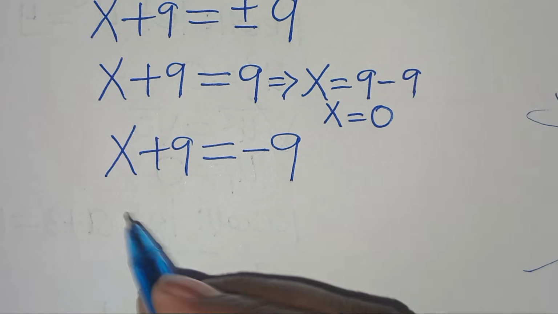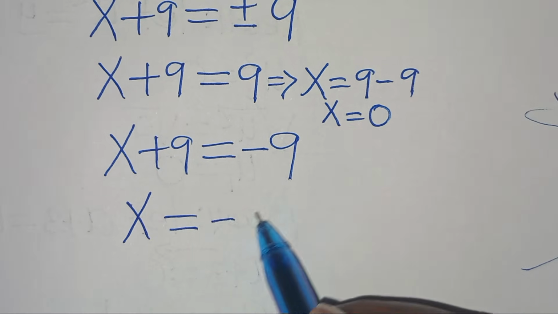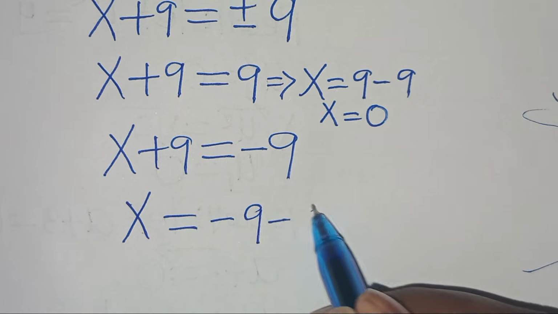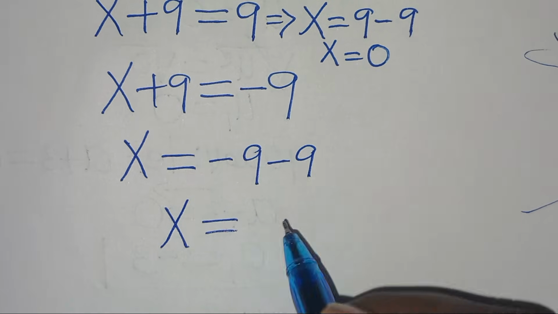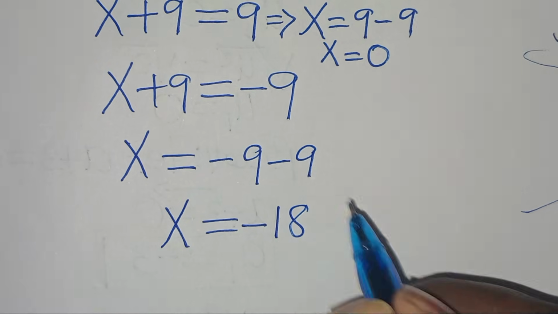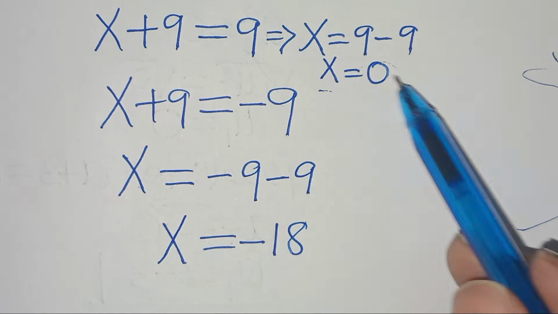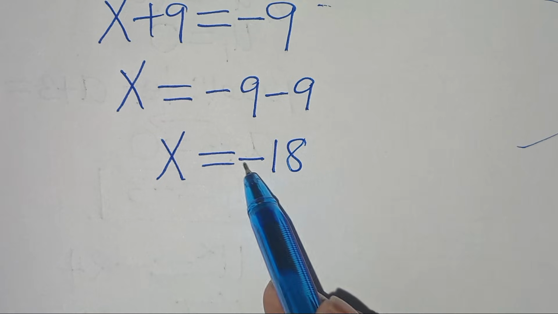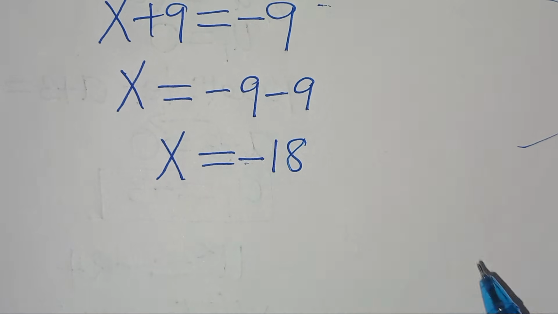And here we have x is equal to minus 9 subtract 9, and this means that x here is also equal to minus 18. So here we have two values of x. We have x equal to 0, and we have x equal to minus 18. That's by applying method 2.